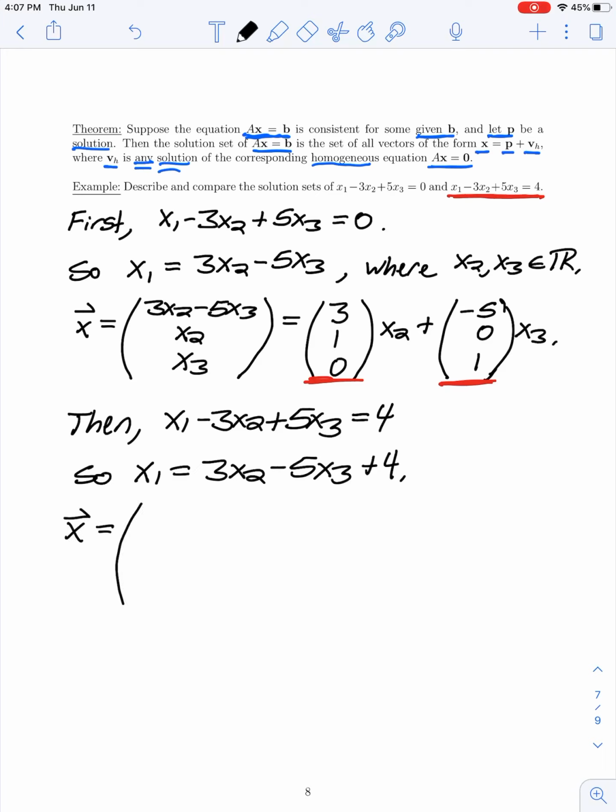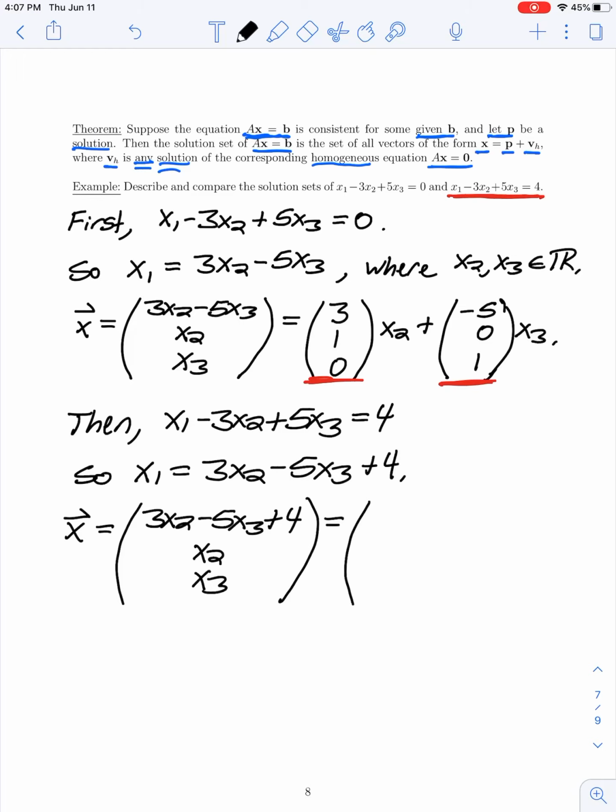So writing our solution set in parametric vector form, we have the vector where x1 is 3x2 minus 5x3 plus 4, and x2 and x3 were free variables.